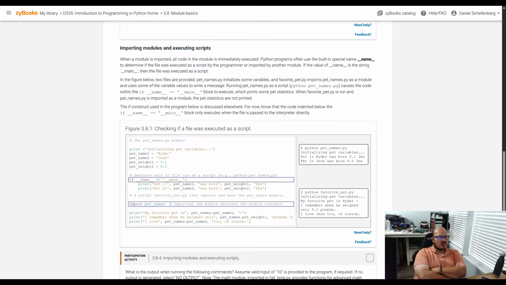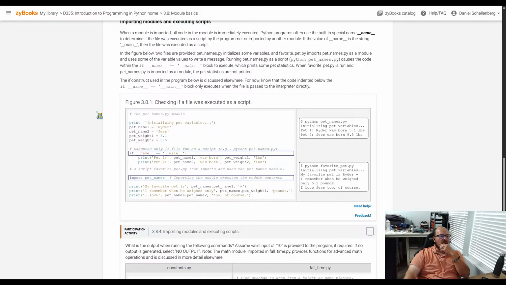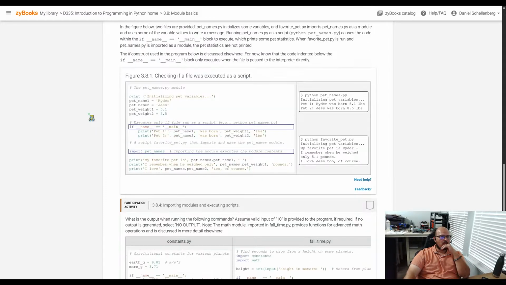The if construct used in the program below is discussed elsewhere. For now, know that the code indented below the if __name__ equal to __main__ block only executes when the file is passed to the interpreter directly. So meaning not imported, like using import, right?